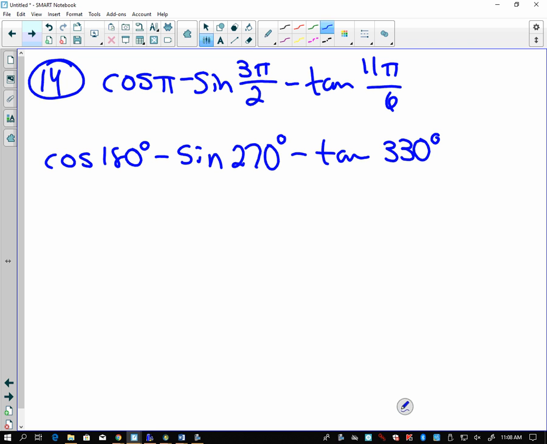All right, and they say don't use a calculator, and we shouldn't have to. Cosine 180. 180 degrees is showing up here. What is the x value at that position? What's the x value? -1. Cosine represents the x value, right?